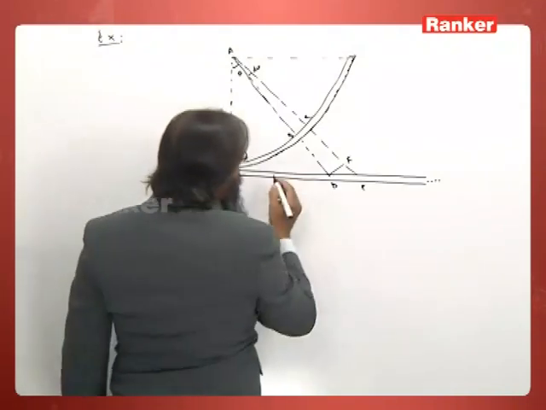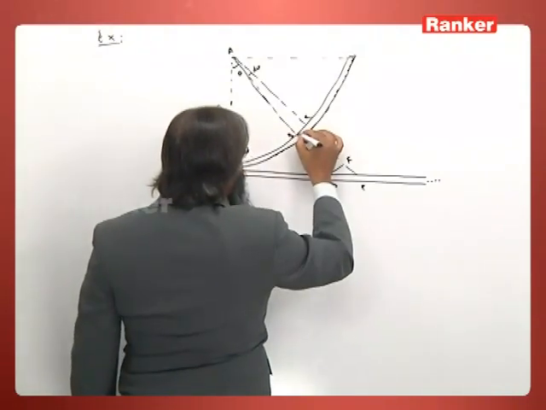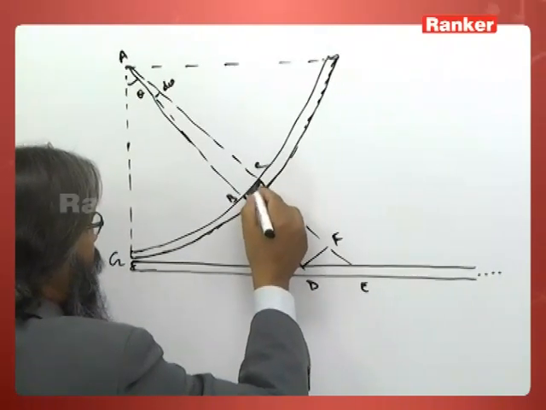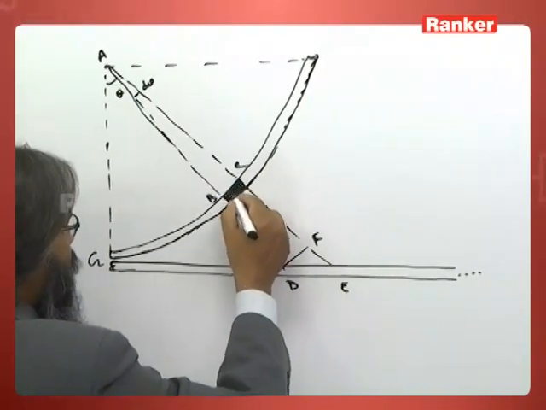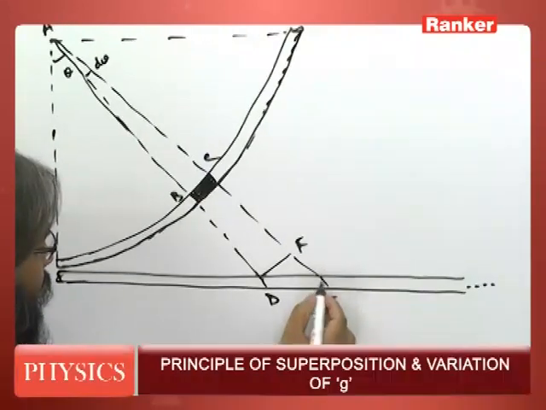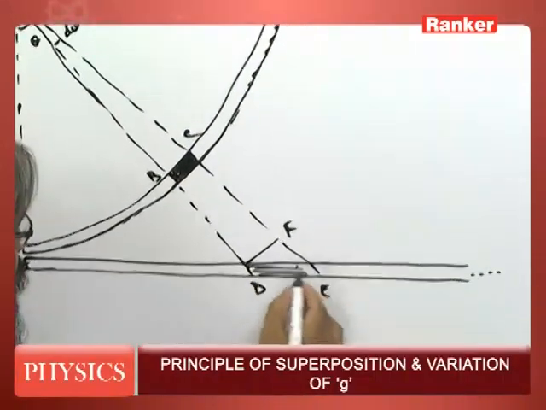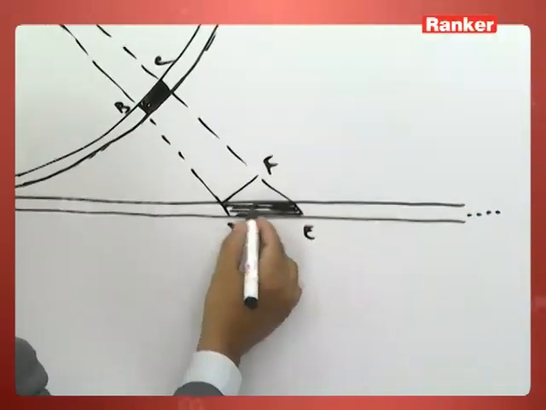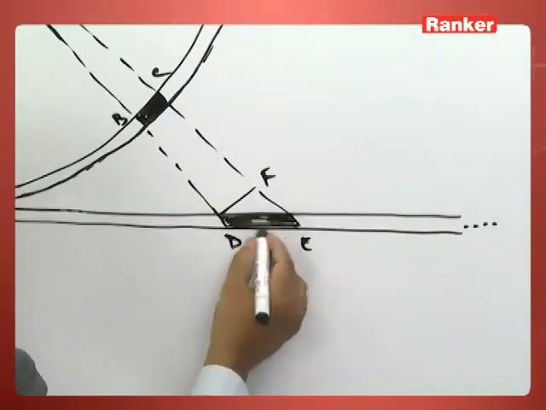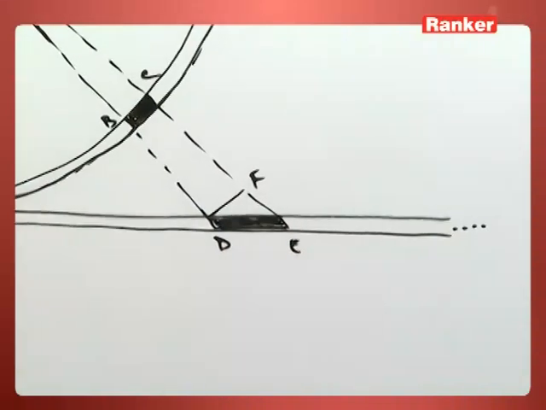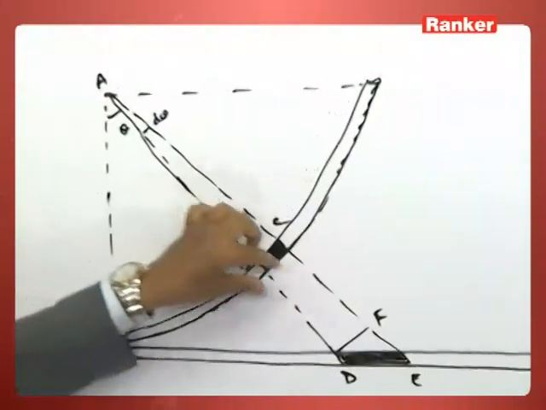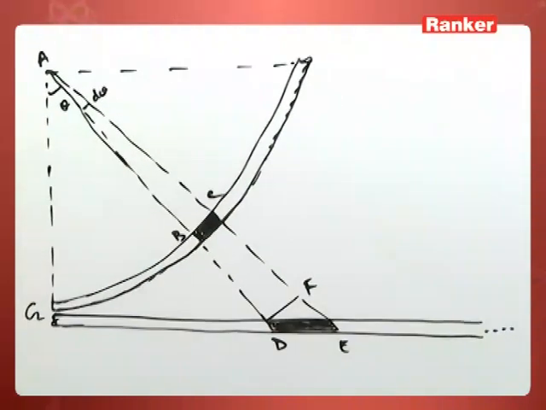So let us compare this is the element on the curved section and this is the element on the straight section. So element here you see this is on the straight section. So let us compare the gravitational influence at A due to this curved section and this straight section.